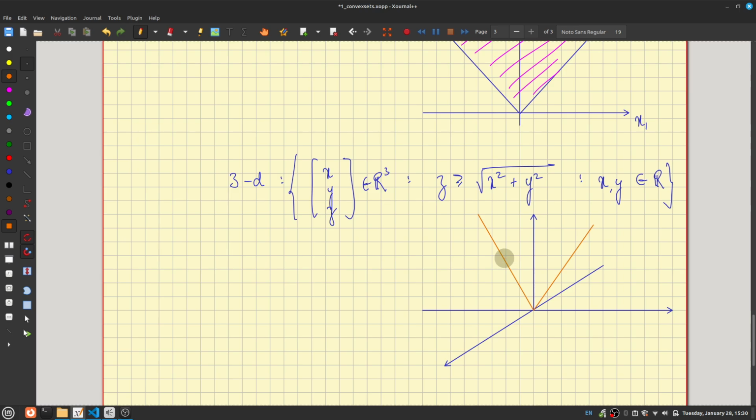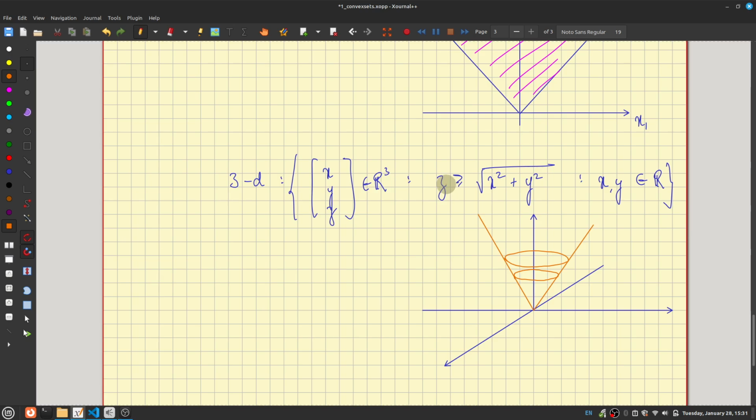Right? So if you fix a particular z, another way to look at it is you fix a particular z and you look at the set of all (x, y) such that the square root of x squared plus y squared is less than or equal to z. What is that? That's a circle, right?